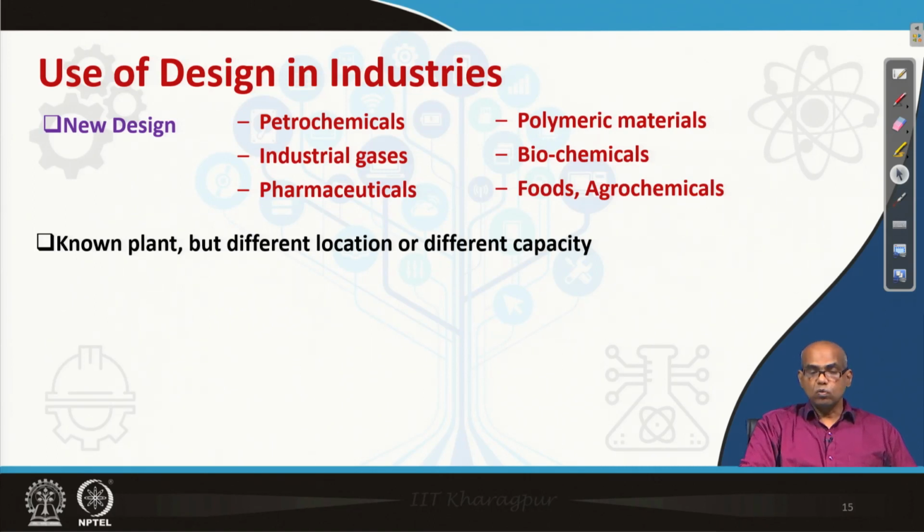Now, the management wants to set up another plant in a different city. It may be required to redesign the process, particularly if that plant is of different capacity. So, you are going to set up the same plant, but it is of different capacity. So, you again take up the design activity.